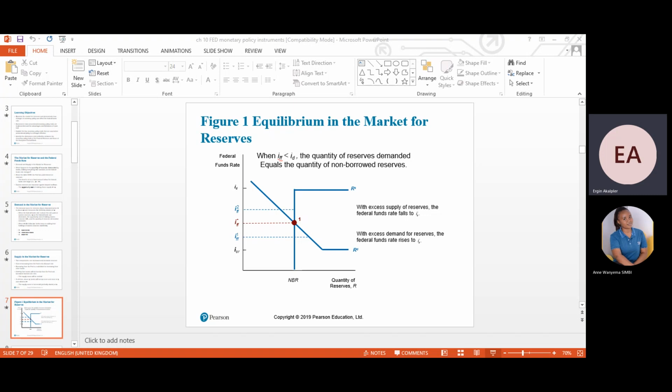As you see, the demand curve shows the inverse relation between the federal funds rate and the quantity of reserves, also called loanable funds. And the supply is a vertical blue line, which is then shifted to the green line on the graph. Open market purchases shifted supply.